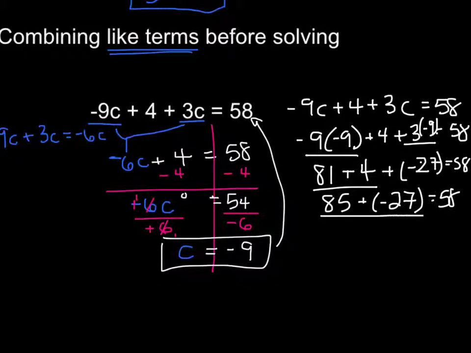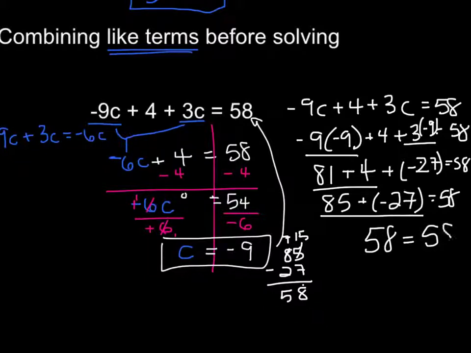You can do this on a calculator, but we can also do it in our head. We have essentially 85 minus 27, 5 minus 7. We can't do that, so we need to borrow. 15 minus 7 is 8. 7 minus 2 is 5, so we have 58 is equal to 58.